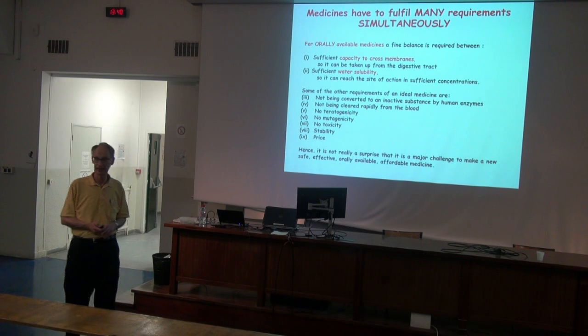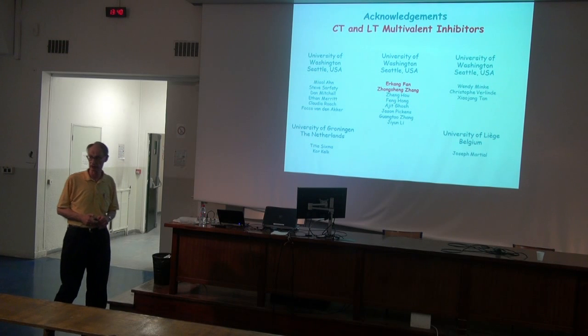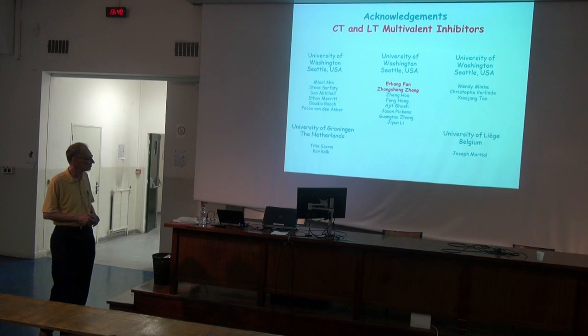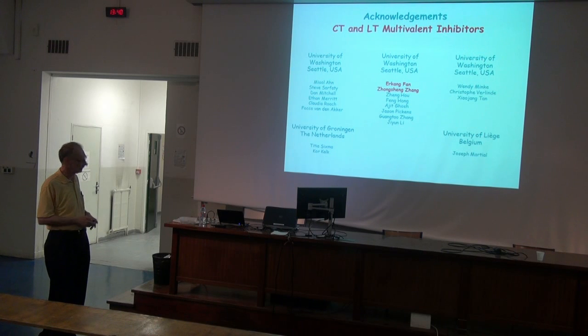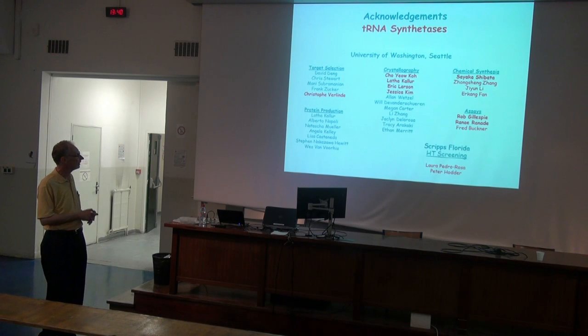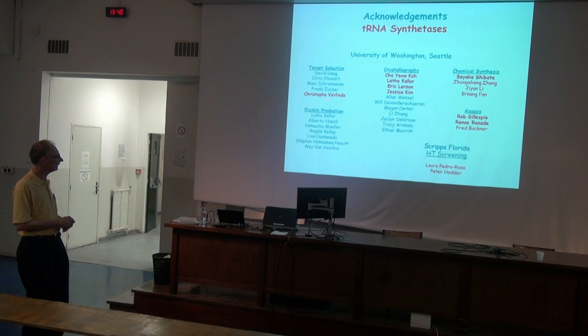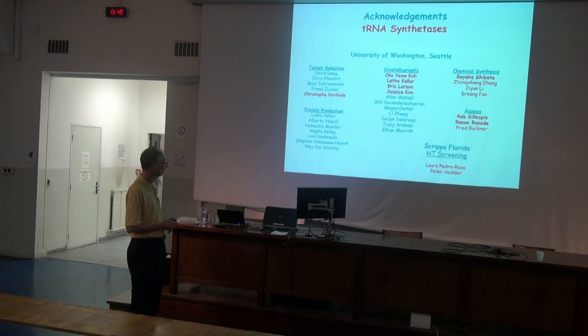But that's the story I have to tell you, except for who are all the heroes. Well, this is the multivalent inhibitors on cholera toxin. And here you see Erkang Fan and Zhongsheng Zhang as the major people. And many others have been helping in several ways. And here the tRNA synthetases. Here are a variety of heroes. Christopher Linde in target selection, but also in chemoinformatics and chemical modeling.